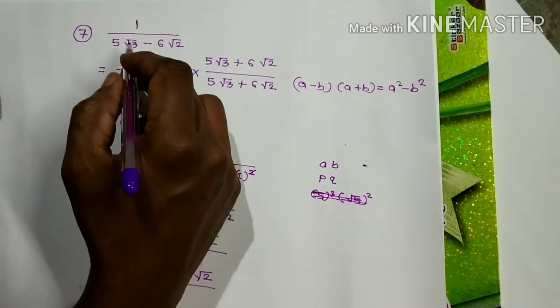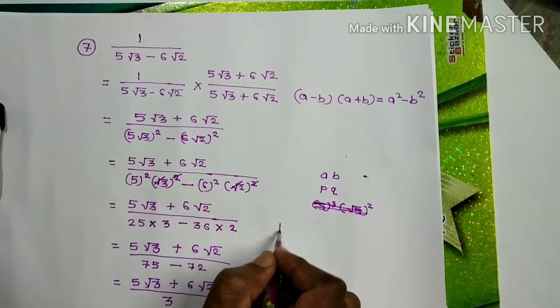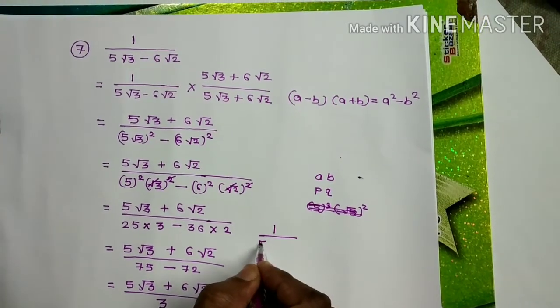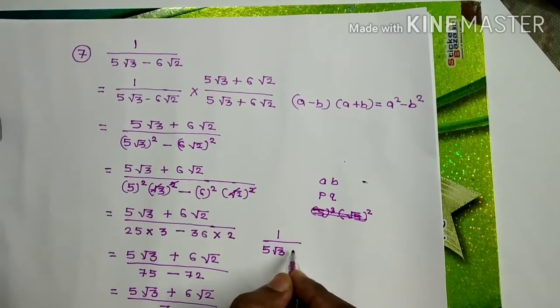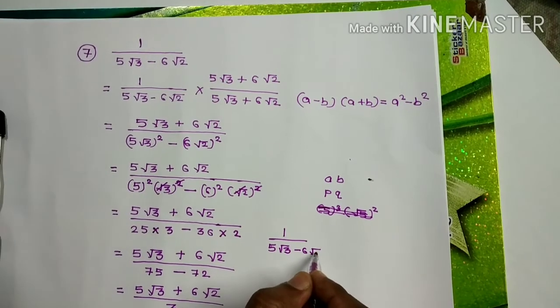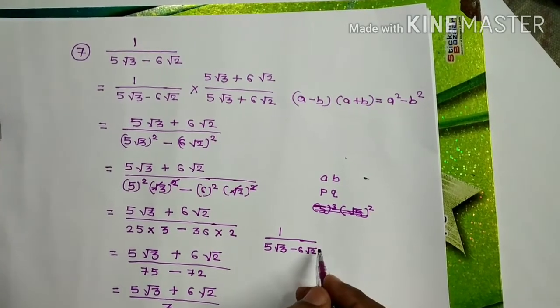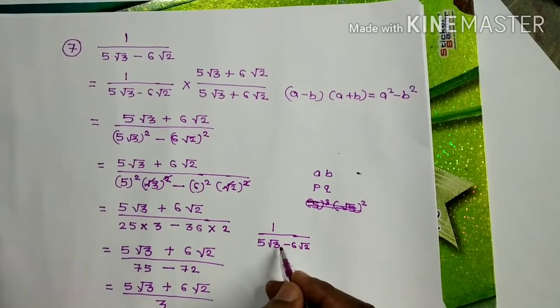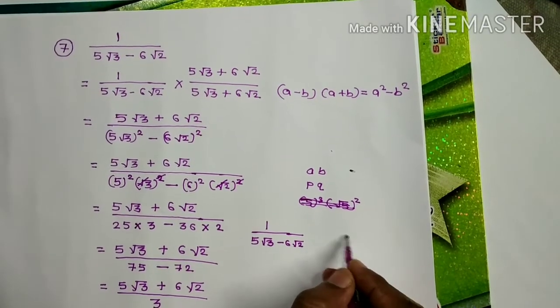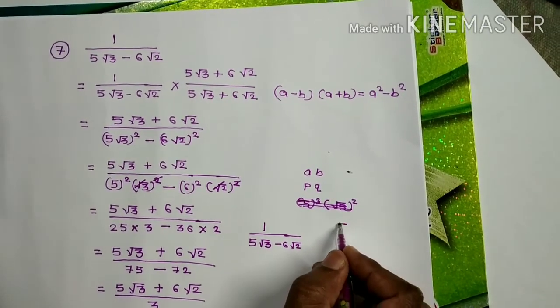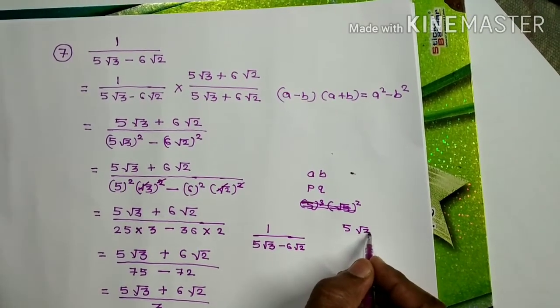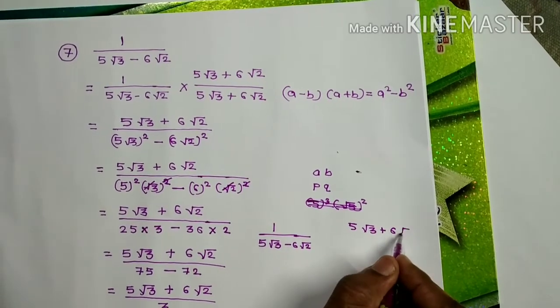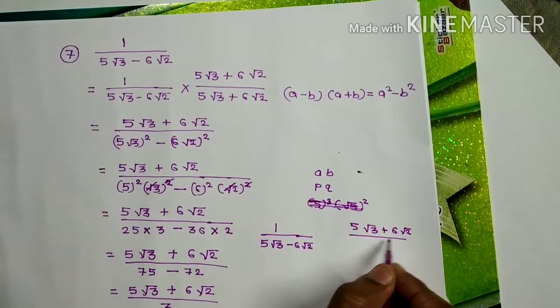So your 7th example was 1 upon 5 root 3 minus 6 root 2. After rationalizing this denominator 5 root 3 minus 6 root 2, final answer we got 5 root 3 plus 6 root 2 divided by 3.